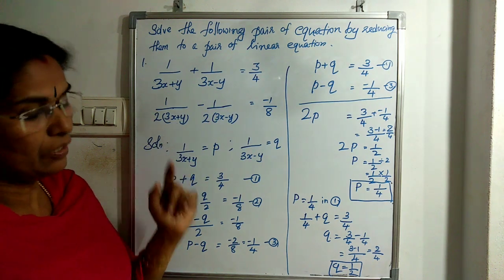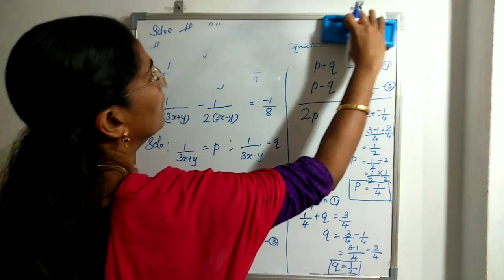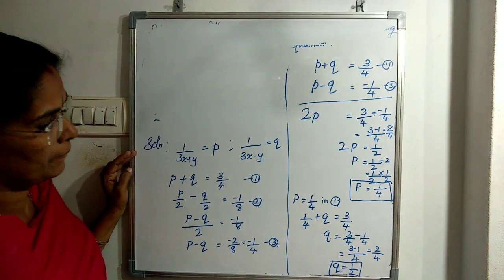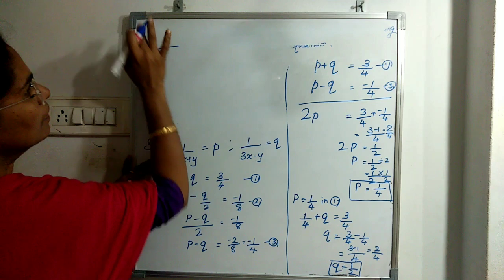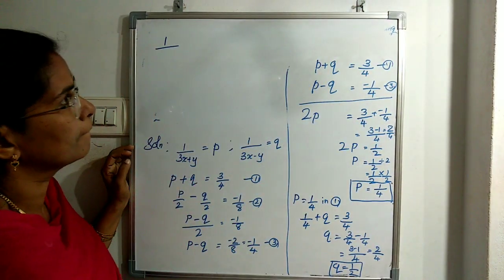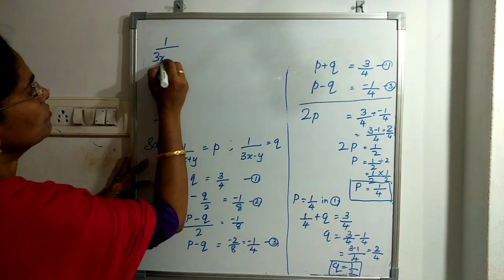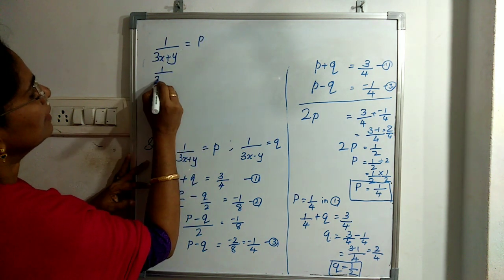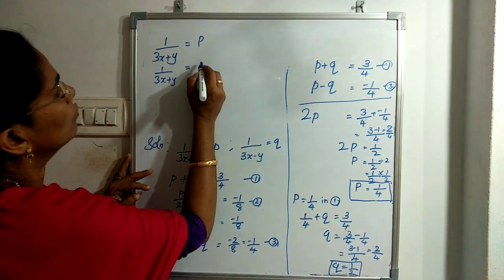But we need x value and y value. So we can substitute again. What is p? 1 by (3x plus y) is equal to p, that is 1 by (3x plus y) is equal to the value of p, which is 1 by 4.